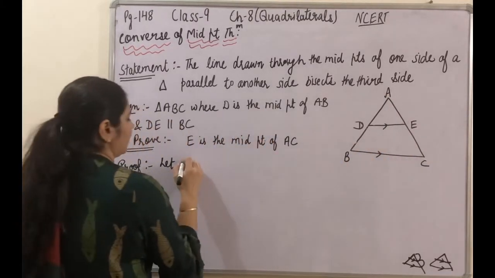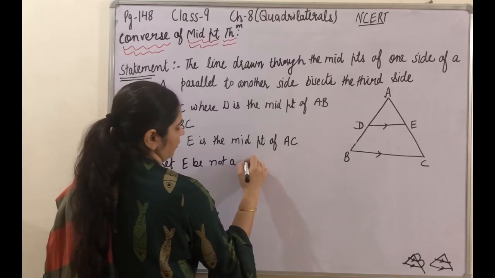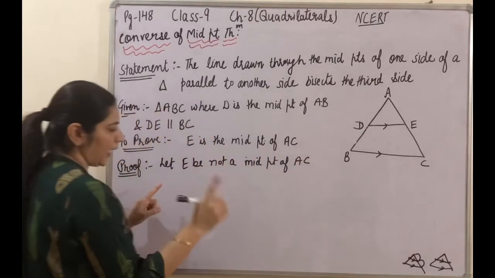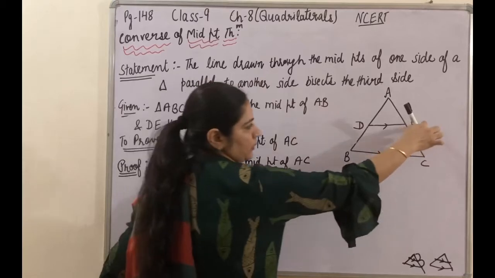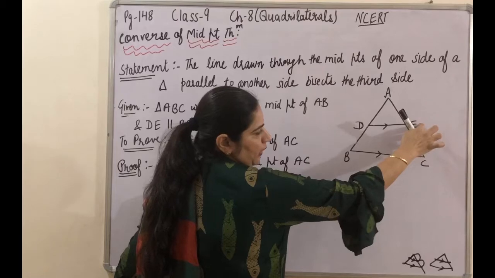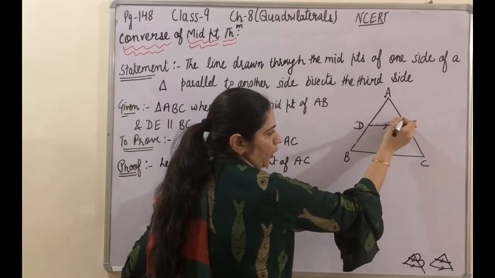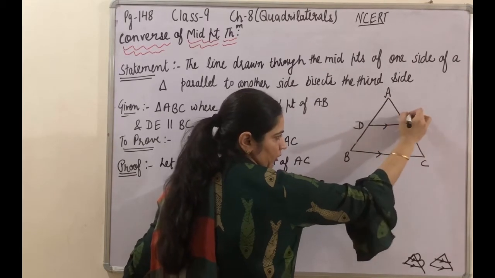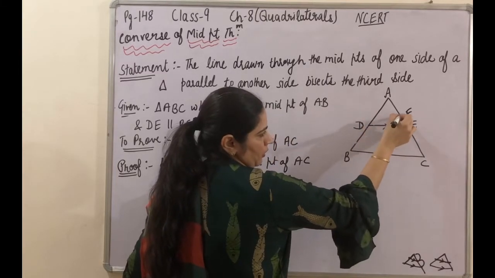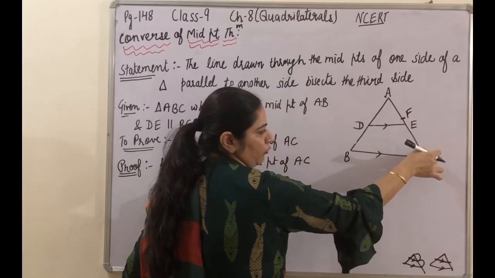I'll take, let E be not a midpoint of AC. Actually I want to prove E is the midpoint of AC, but I assumed here E is not the midpoint of AC. If this is not a midpoint, there will be another point. Let me give it the name F. Let F be the point lying on AC such that F is the midpoint of AC.